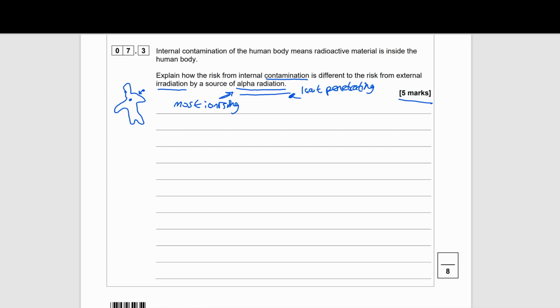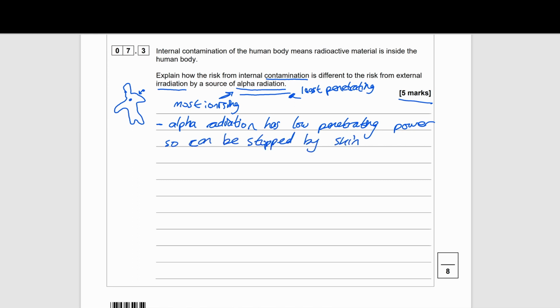So let's apply these 2 properties to our question now. Well, if we have alpha radiation which is outside of the body, it can be stopped by skin. So what does that then mean in terms of damage? Because we're thinking about risk, so it's got to be some sort of damage to the body.